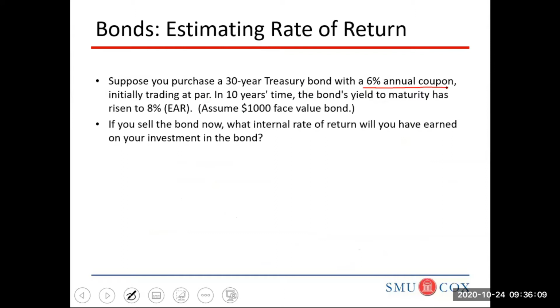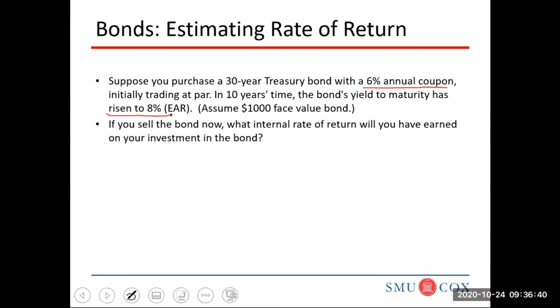It's a little bit of an unusual problem here, so I'll have to interpret it for you a little bit. It says in 10 years' time, the bond yield to maturity has risen to 8%. The second point is, if you sell the bond now, what internal rate of return will you have earned on your investment?